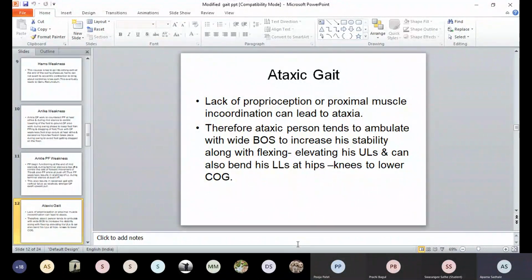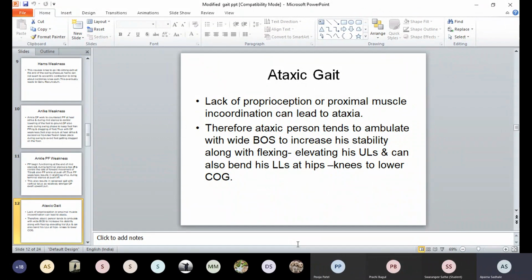In lower motor neuron lesion, now that you have done your first year physiology, we know it could be the anterior horn cell, the axons collectively forming a nerve, or the primary muscle itself. If any of these three structures are involved, we say it is a lower motor neuron lesion. These can also give rise to a gait deviation, basically because of muscle weakness and sensory involvement also.